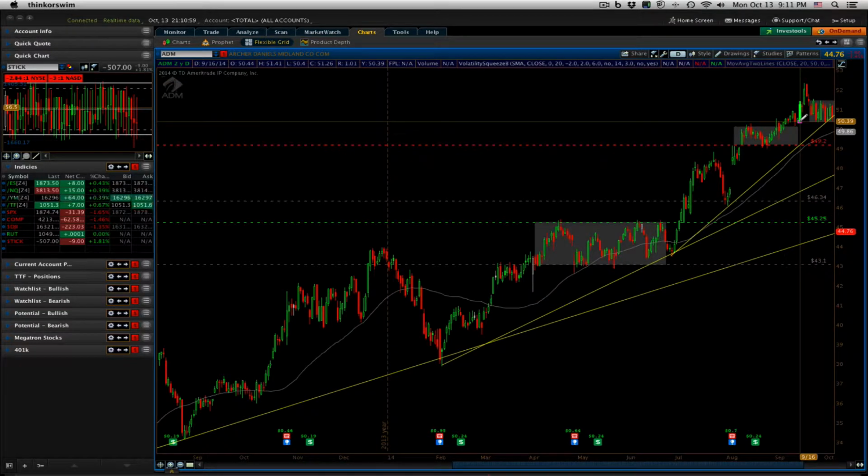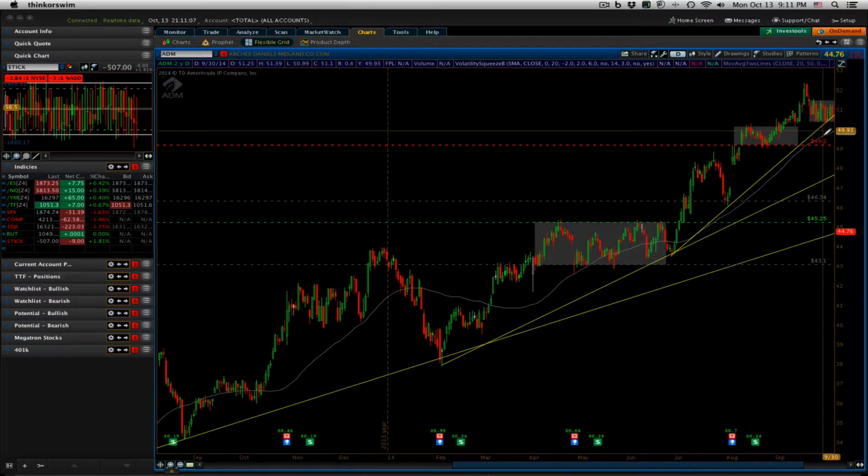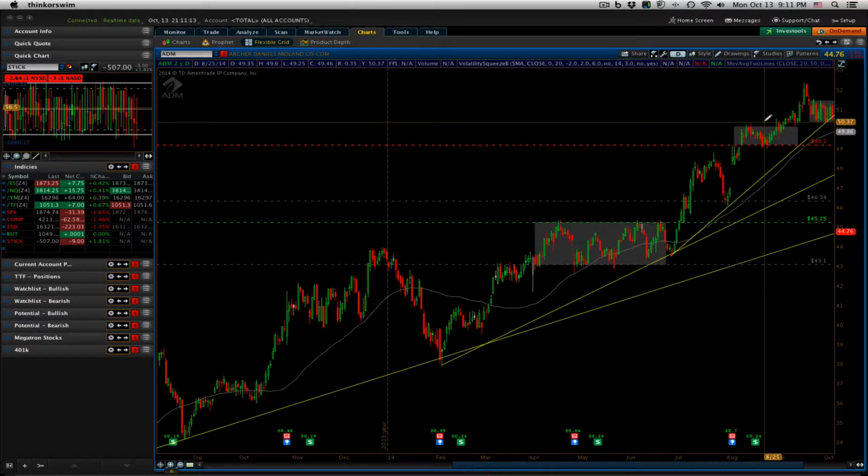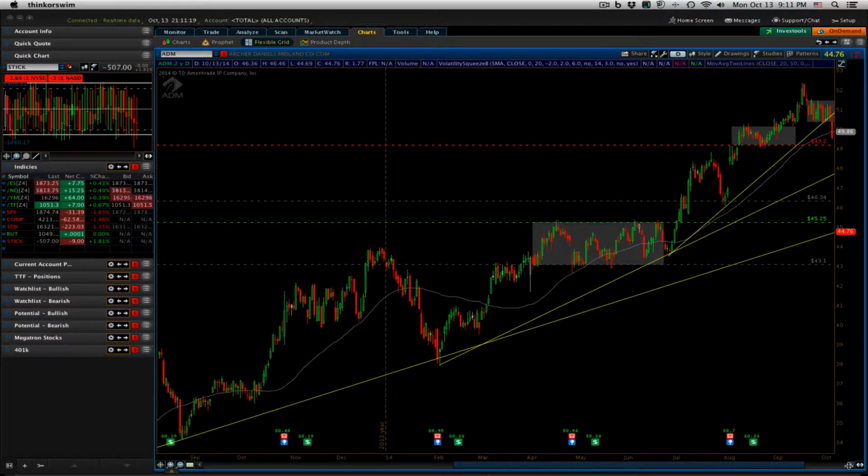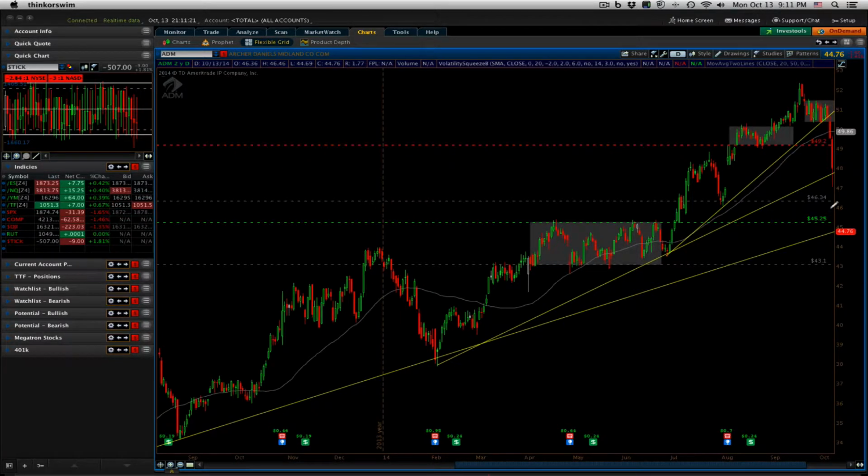Tentatively, we would have been able to move our stop up again to 50.37, but we weren't able to because the 50-day moving average has not exceeded that level yet. I was trying to get our stop up to 50.37. That didn't happen. What did happen is we came back and broke down heavily through the 49.20 area.